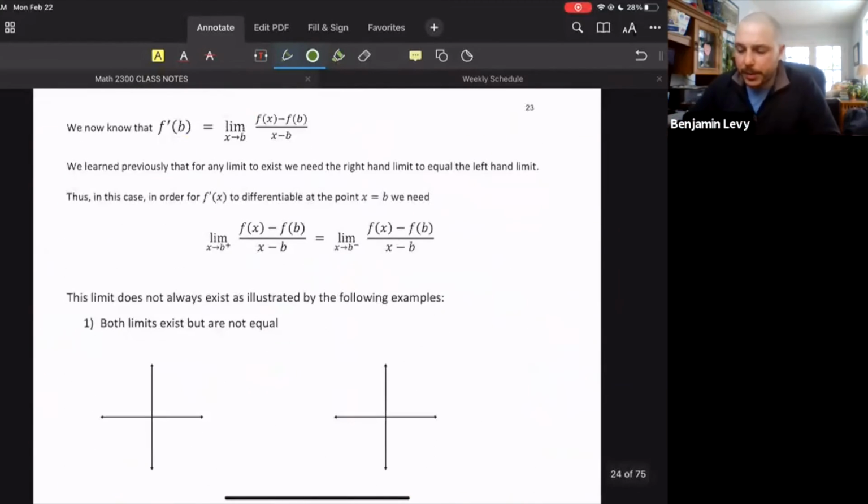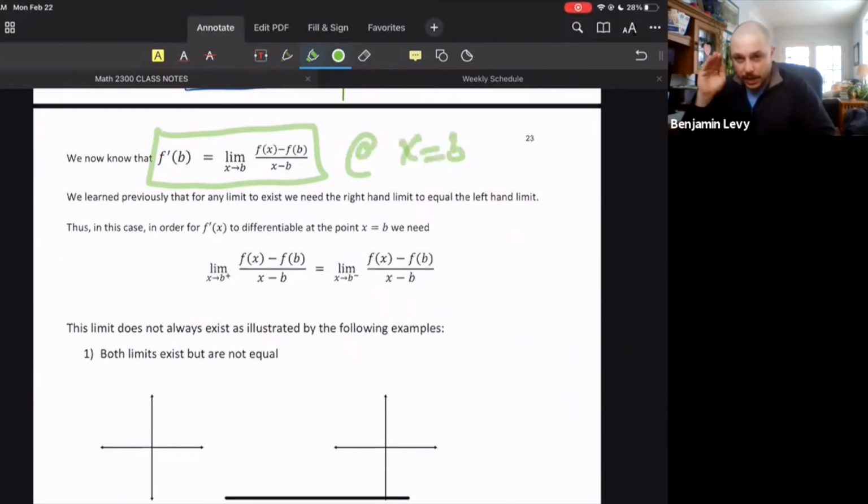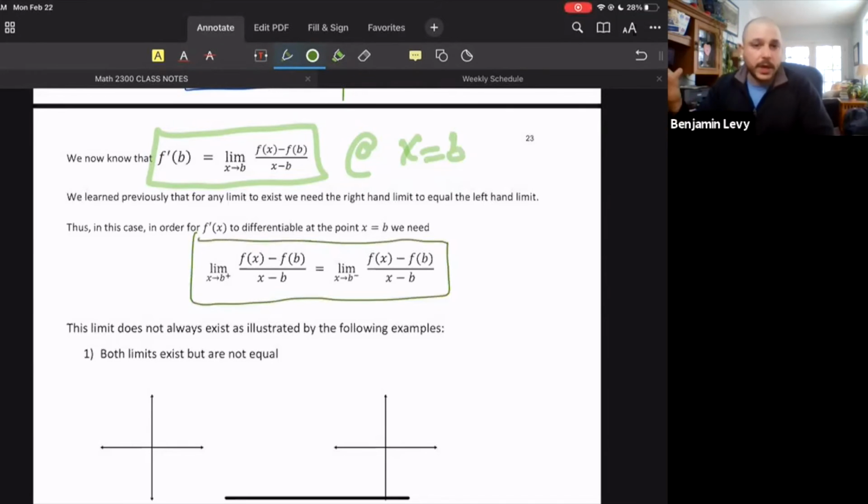I'd like to do a couple of pictures really quick to think about when we want the derivative to exist at a point, specifically at x equals b. In order for that to happen, we need the left-hand limit and the right-hand limit to equal each other. From the right has to equal from the left. That's just the definition of a limit existing.